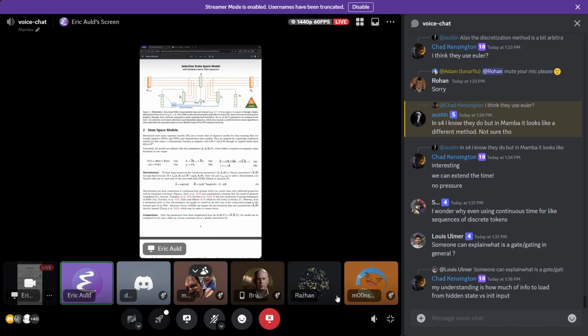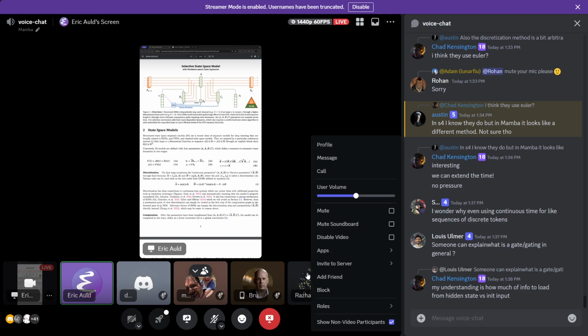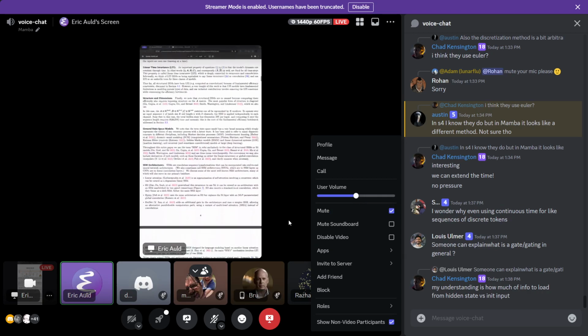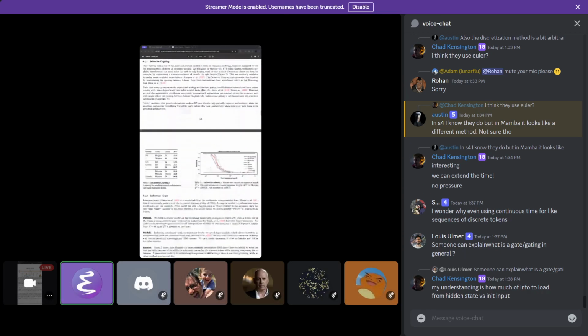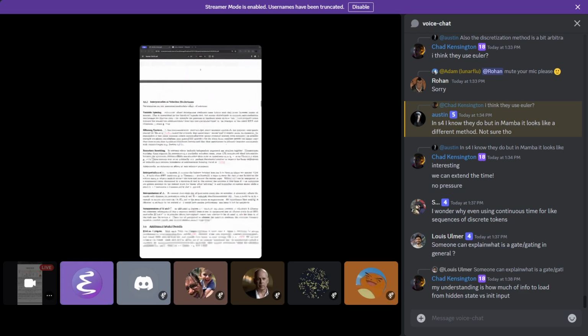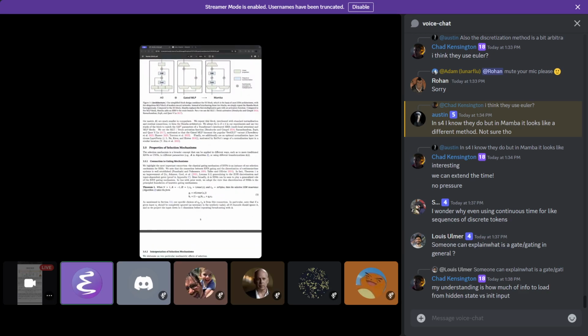Oh, sorry, so Lewis asked, can somebody explain what a gate is, gating in general? So the idea of a gate is that, I'm going to scroll back down here to where the example we had was. Right. So let's make it even simpler than this here.